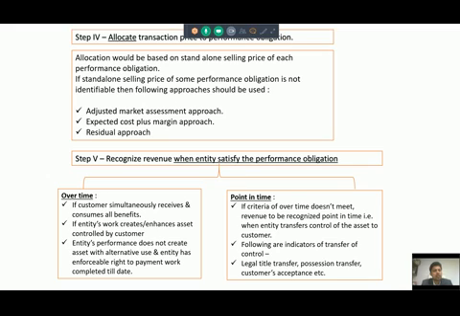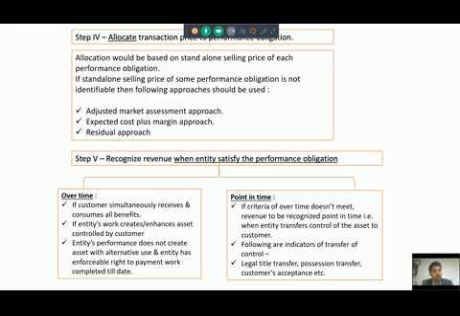So we will recognize the revenue related to the sale of TV immediately. But the sale related to AMC is a case where the customer simultaneously receives and consumes all the benefit while you provide the AMC service. So that is over time satisfaction of the performance obligation. So here the AMC part is satisfied over time and the sale of TV part is satisfied at a point in time.